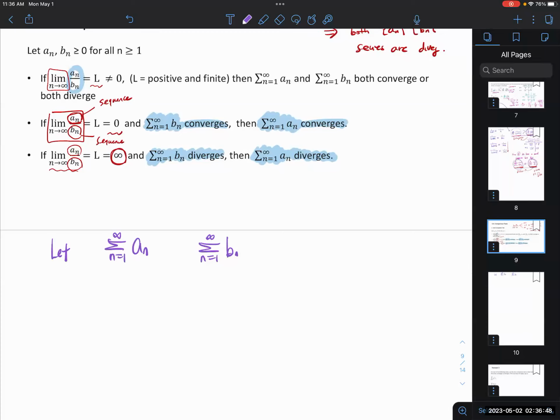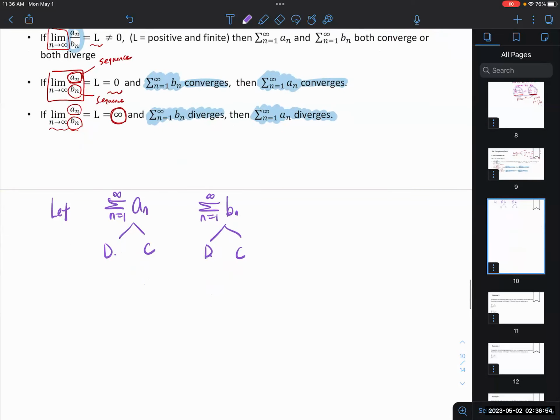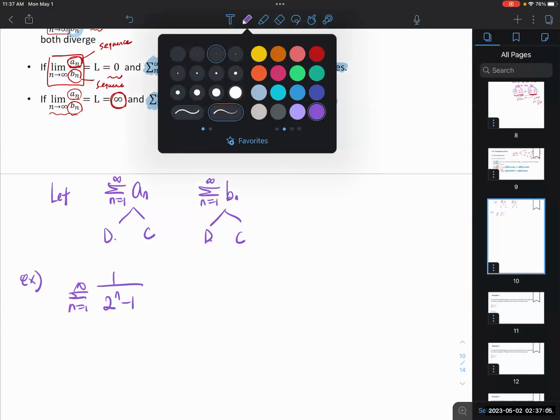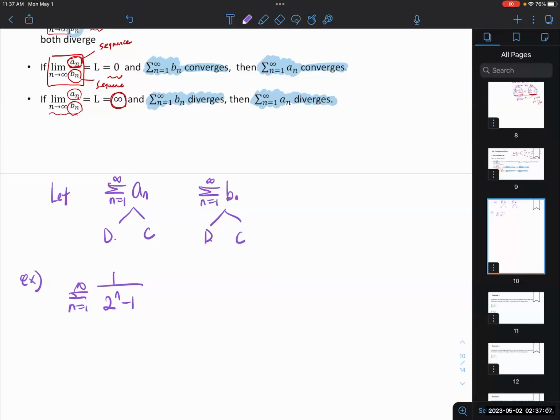I don't know whether this is a divergence or convergence. And then I have a specific example. Let's say I have 1 over 2 to the n minus 1. So what I'm saying here, this fraction indicates that, right?